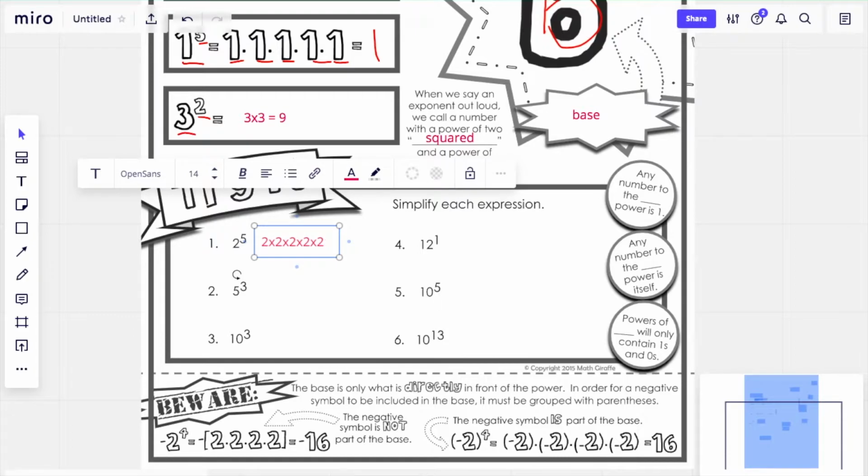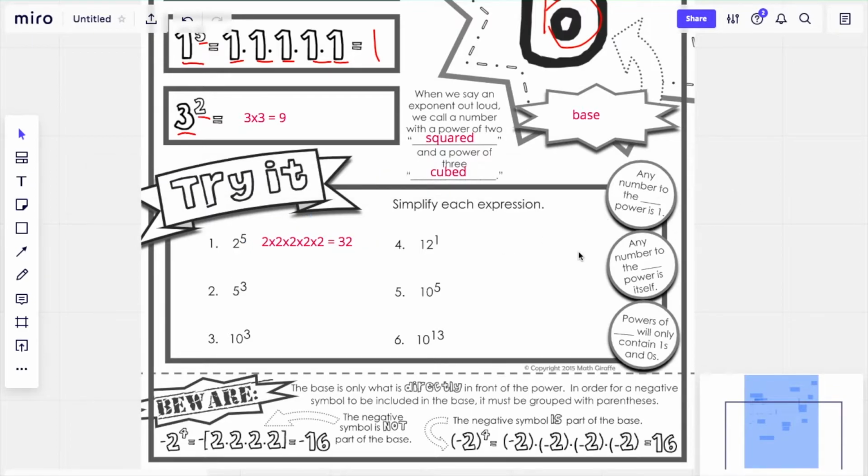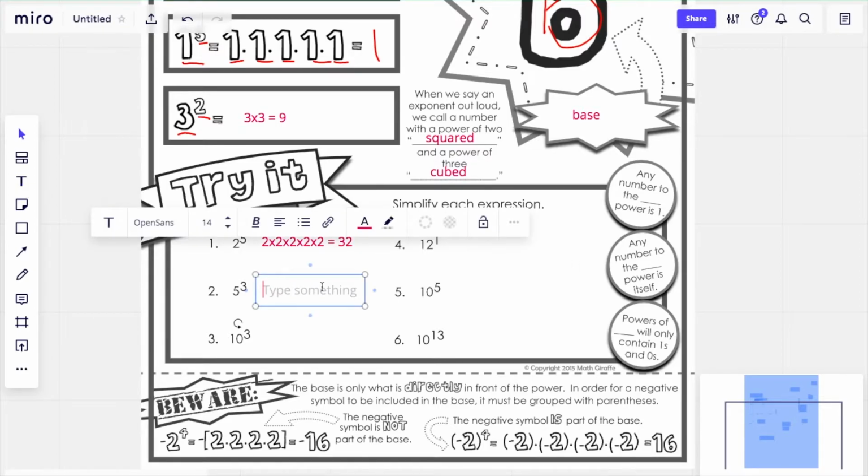That would give us the answer 32. If we look at example number 2, we have 5 to the power of 3, or 5 cubed, which means 5 times itself 3 times, which would give us an answer of 125.